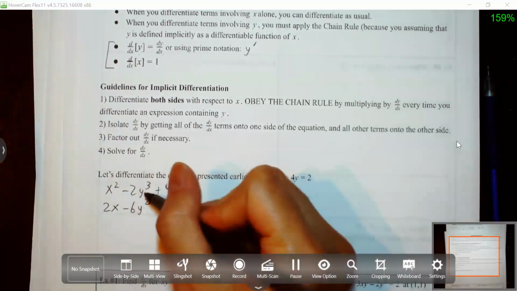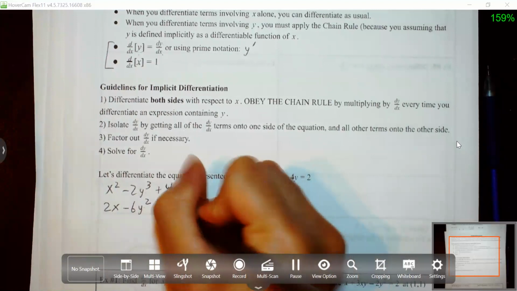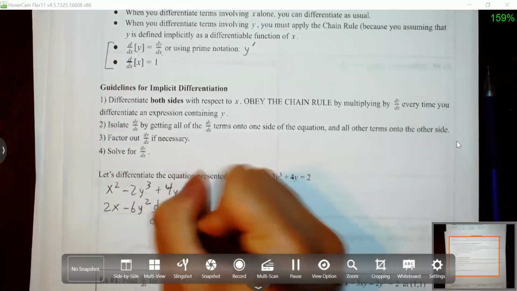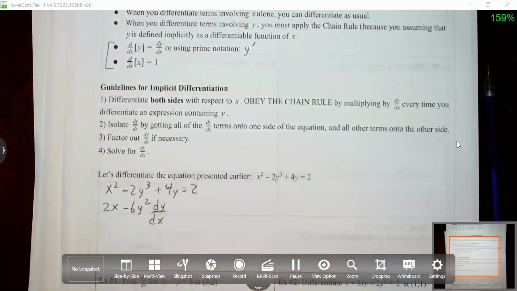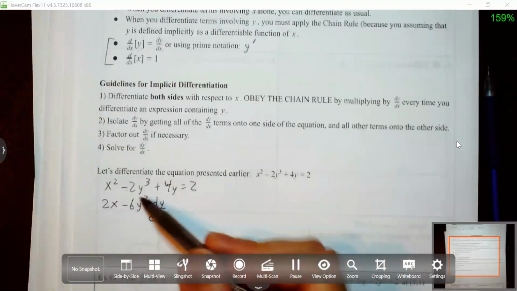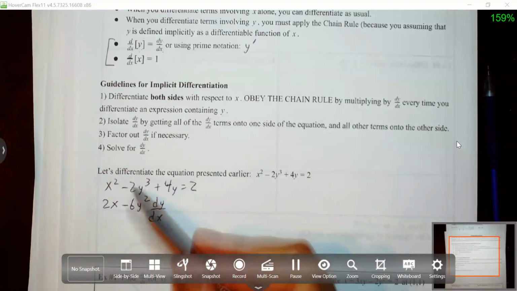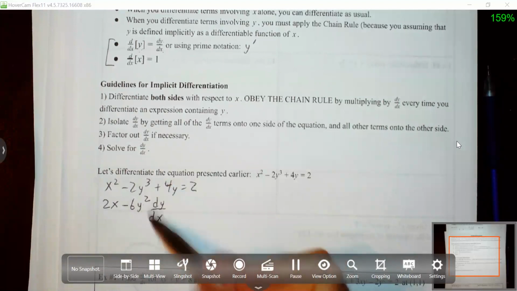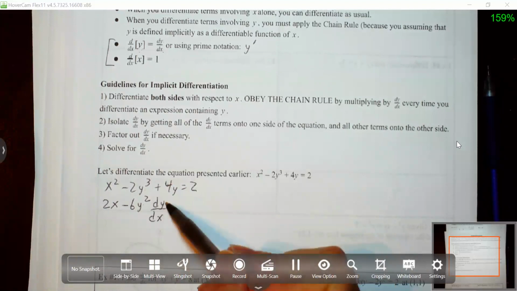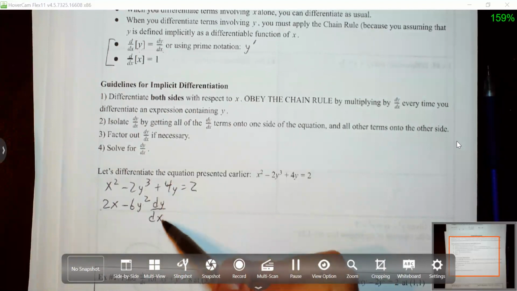And the derivative of y with respect to x is just dy/dx. So anytime you have a term with y in it, you do normal differentiation, but then you have to chain dy/dx, because y is a function of x and we're differentiating in terms of x.